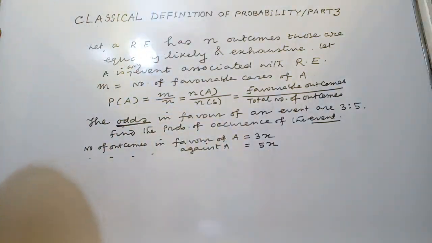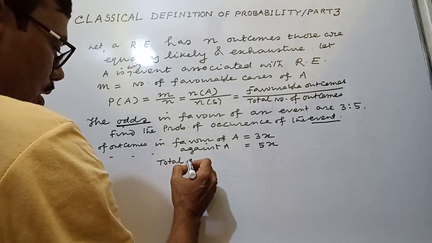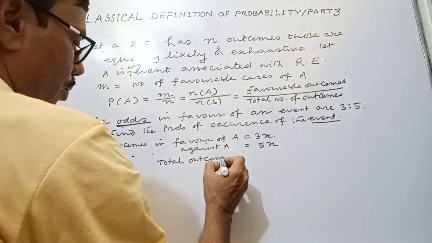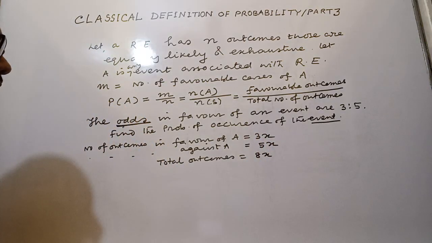So total outcomes equals 8x, that is 3x plus 5x.